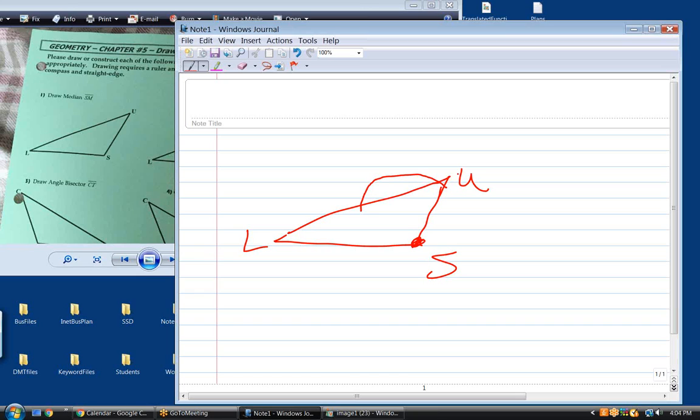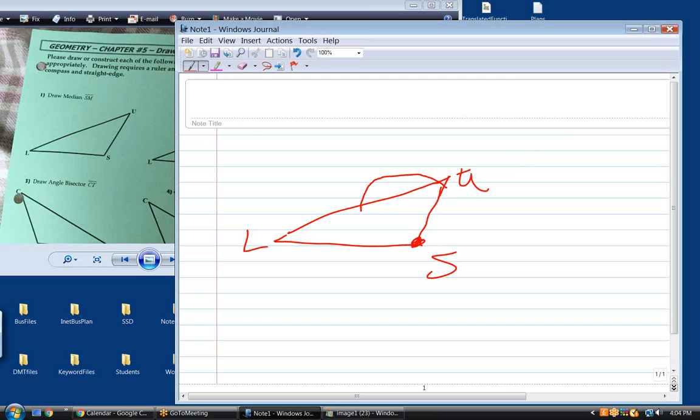I mean, I guess you could. You actually could extend LU. In other words, you could use a straight edge and draw it forward like that, and then you could draw it anywhere you wanted. But the easiest way is if you can draw an arc that intersects it in 2 places.